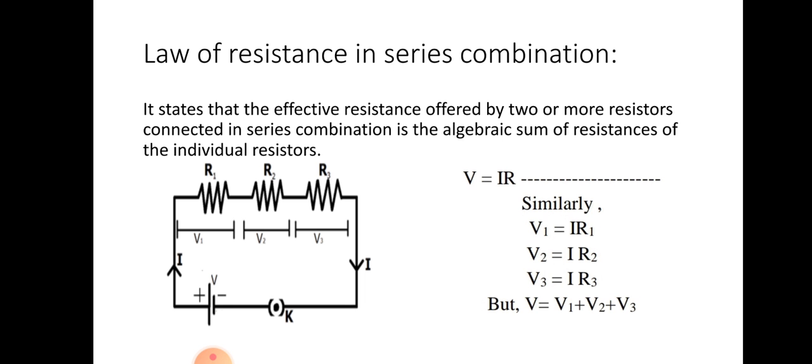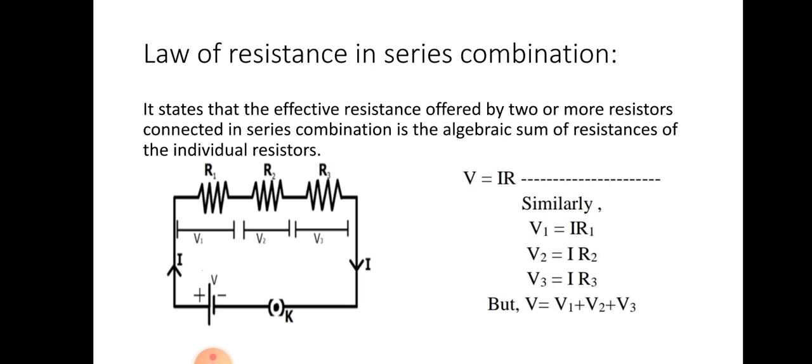So the law of resistance in series combination states that the effective resistance offered by two or more resistors connected in series combination is the algebraic sum of the resistances of the individual resistors. This is the law of resistance in series.